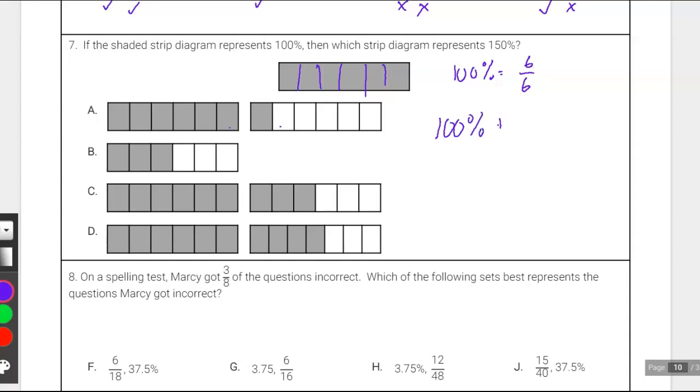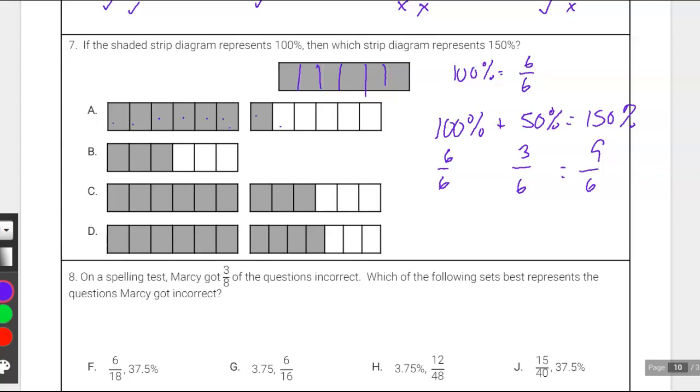100% plus 50% equals 150%. This is a different way of looking at it, but since I've got two separate things on most of these, I've got my 6 out of 6, and I've got 50% of that, half of that would be 3 out of 6. And if you wanted to find the total, that would be 9/6. So here I have 1, 2, 3, 4, 5, 6.